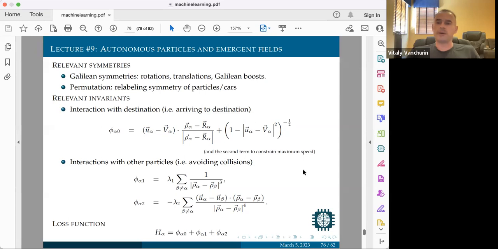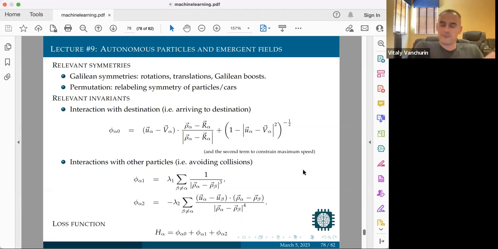Right. Yes, it's a very good point, because we are using the very same invariants in the loss function and as input to the neural network. So the invariants play a dual role. They are something that you want to minimize, but since you want to minimize them, they are the relevant information, right?